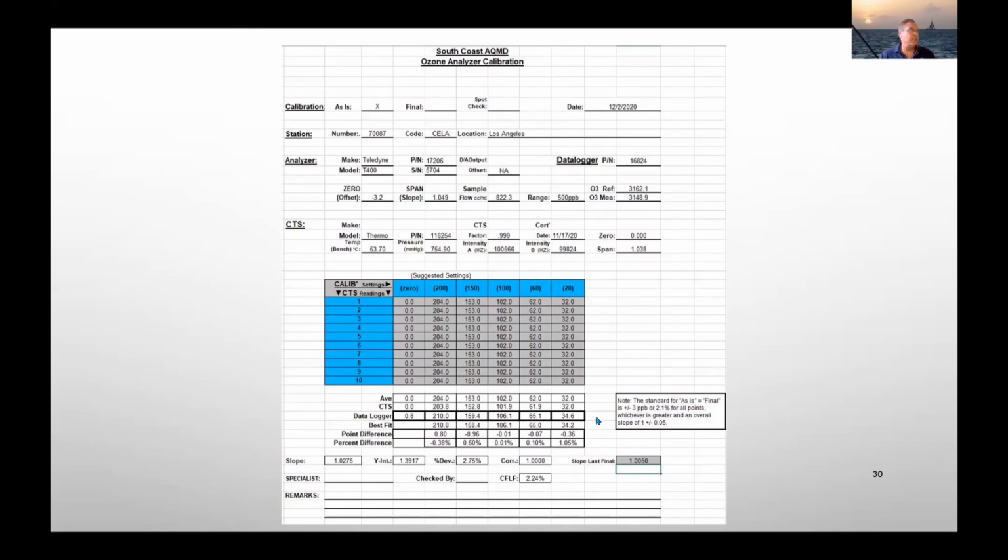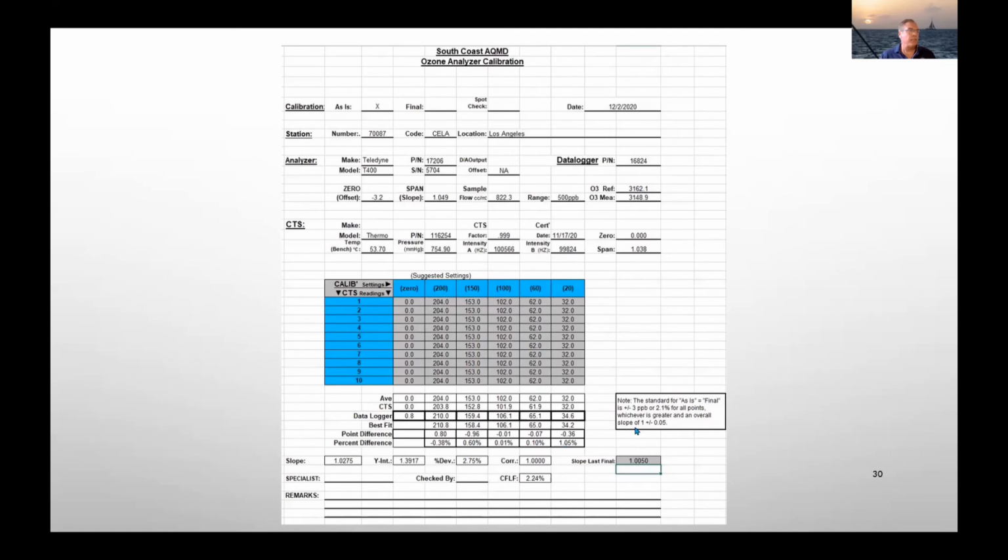So you can see here, plus or minus 3 ppb is met at each one of these points, no exceedances. The second test is an or, so it doesn't have to be both of them. It can be either or, 2.1% for all points. And as you can see, we're less than 2.1% for all points.